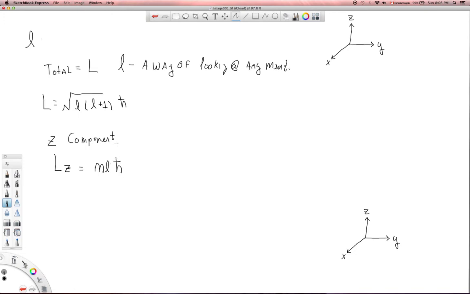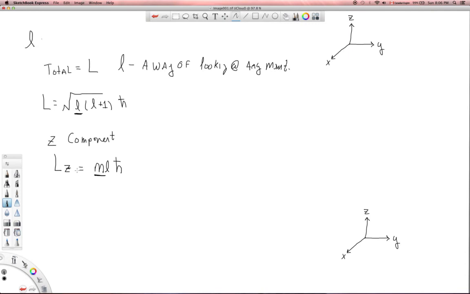So here my second and third quantum numbers are coming out of these concepts. This is l, and this is m sub l.